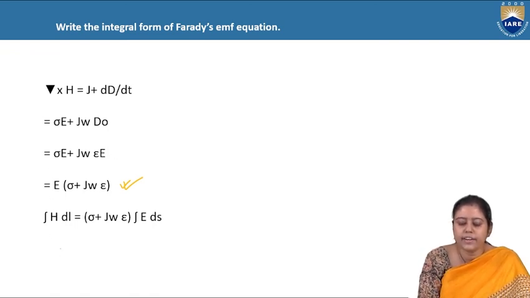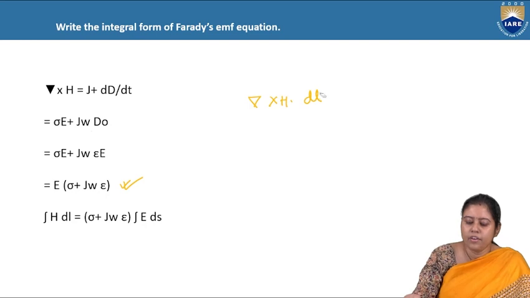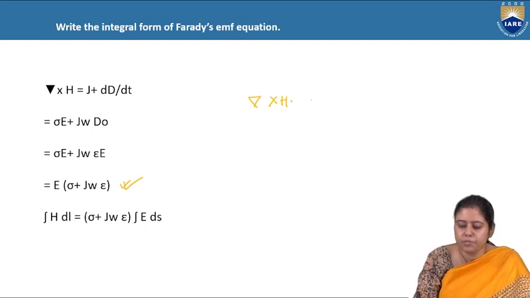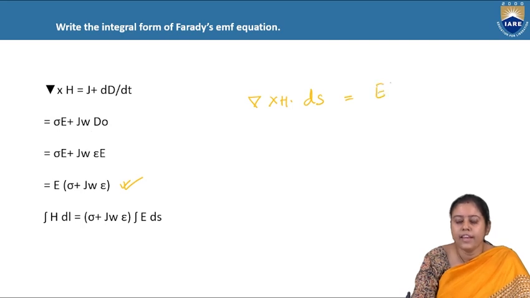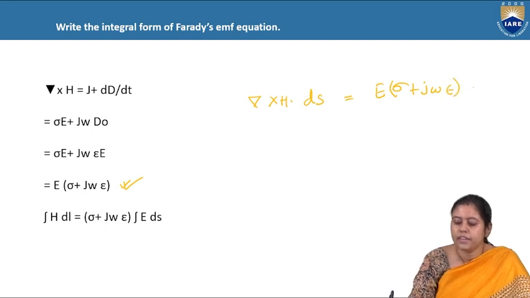Multiplying ds on both sides, grad cross H ds is equal to E sigma plus J omega epsilon into ds.